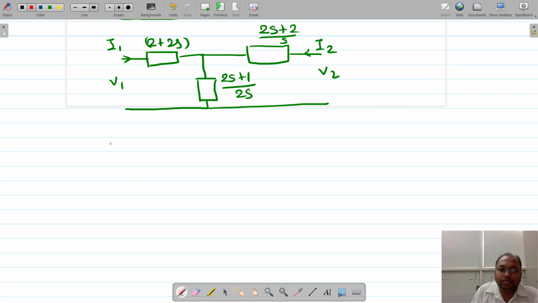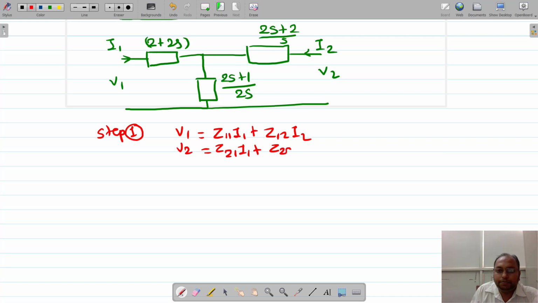So let us go for step number 1. Write the equations in terms of V1 and V2: Z multiplied with I1, Z multiplied with I2. Similarly, now let us make I2 equal to 0 to find out the first parameter.